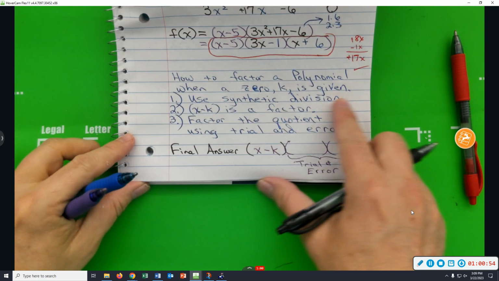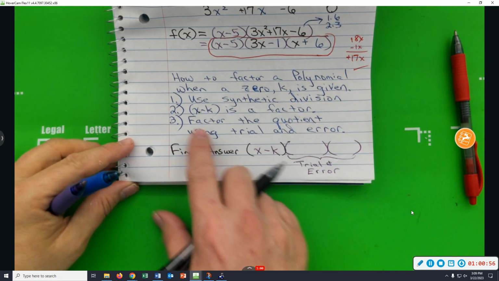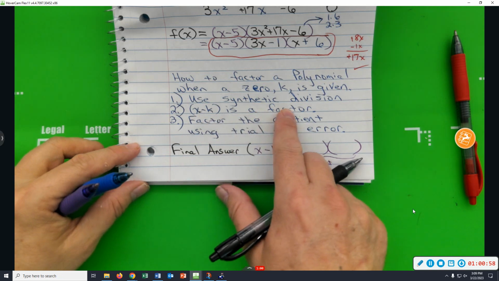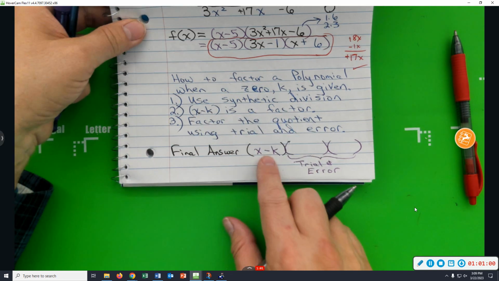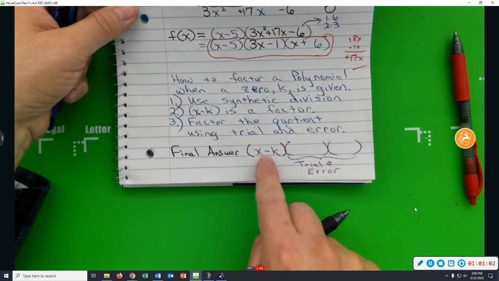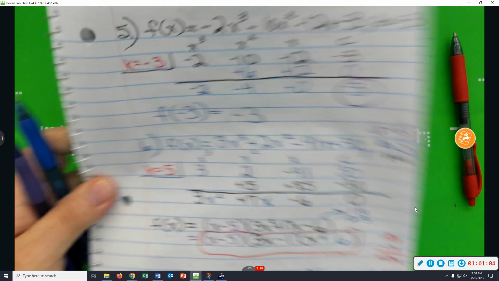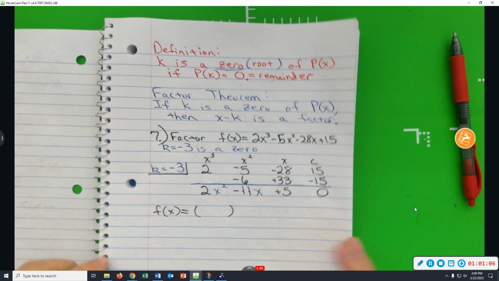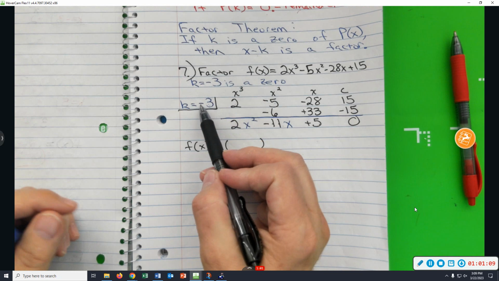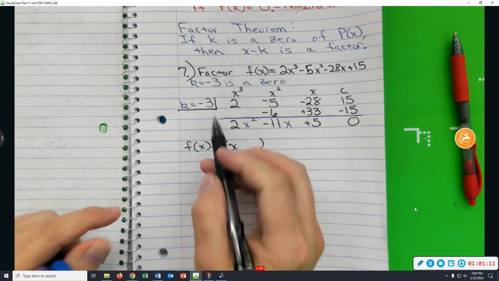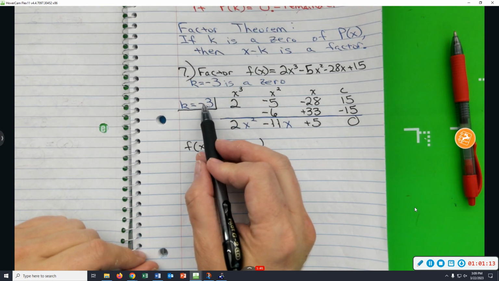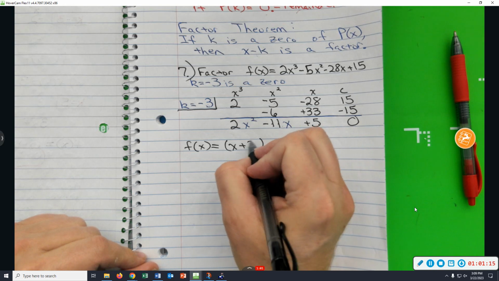We use synthetic division; that was step 1. Now, x minus k is a factor. So x minus k, that's the first thing. It's x, and it's exactly the opposite of the k value, so that minus 3 becomes a plus 3.